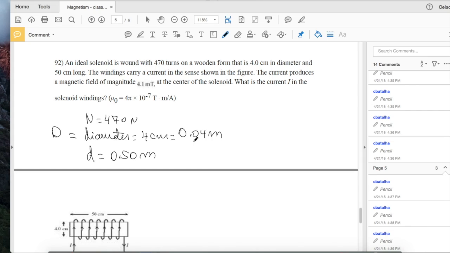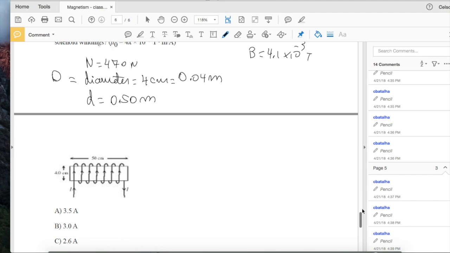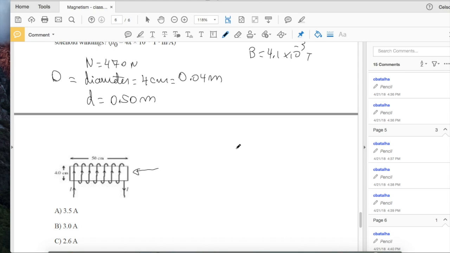The winding carries a current in the sense shown in the figure. The current produces a magnetic field, B, of 4.1 microtesla at the center. What is the current in the solenoid winding? So you want to find the current, same idea. Just for exercise, the magnetic field is like that, goes inside the solenoid like that.